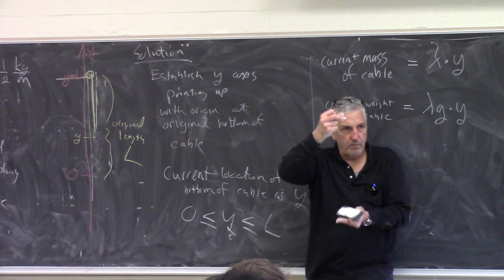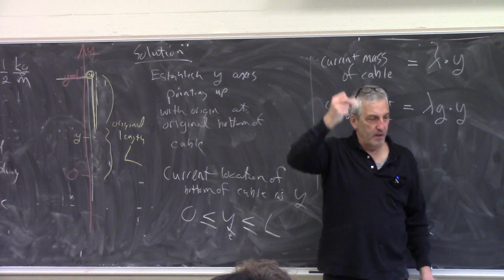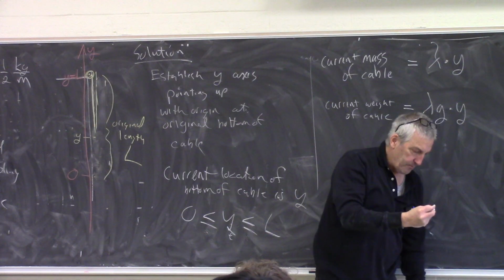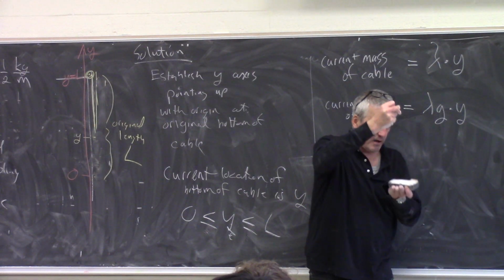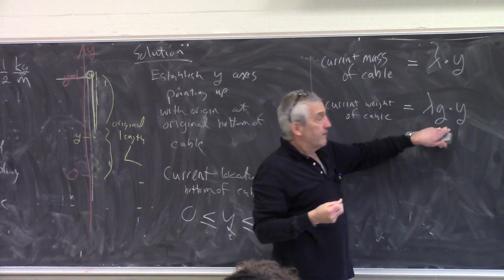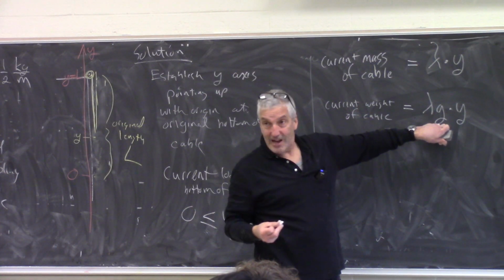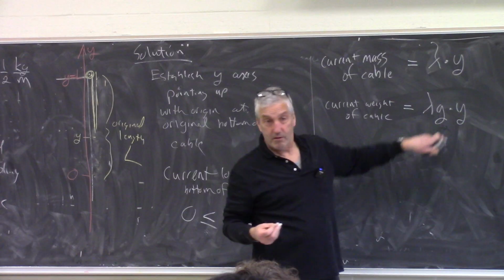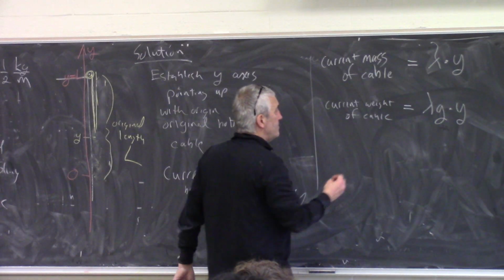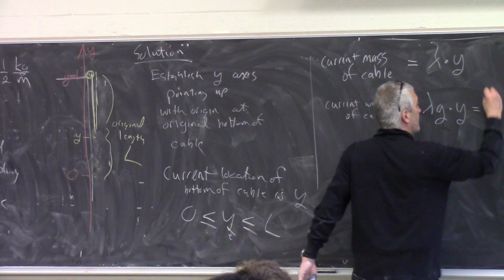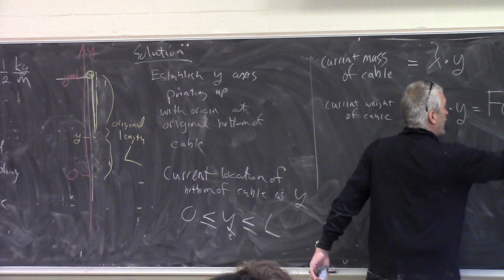You would still be holding it with that same force. If you're pulling the cable up at a constant speed, that would be the force you'd be holding that cable with. Now notice that changes as the cable length changes. So this is the force as a function of y.